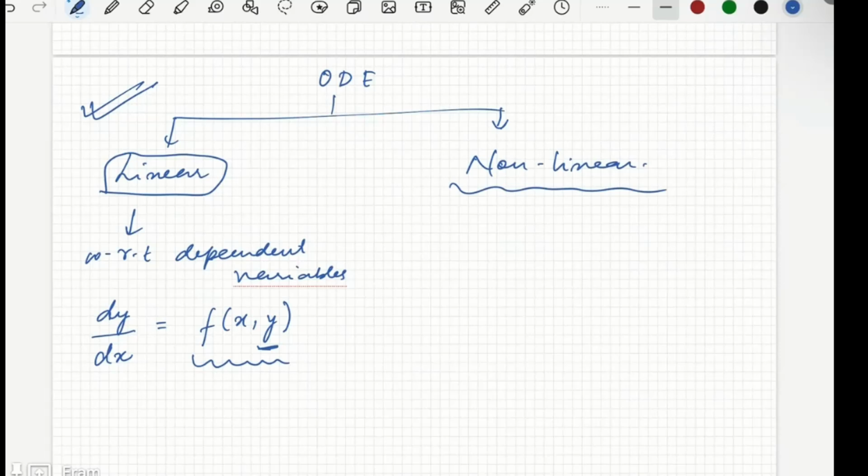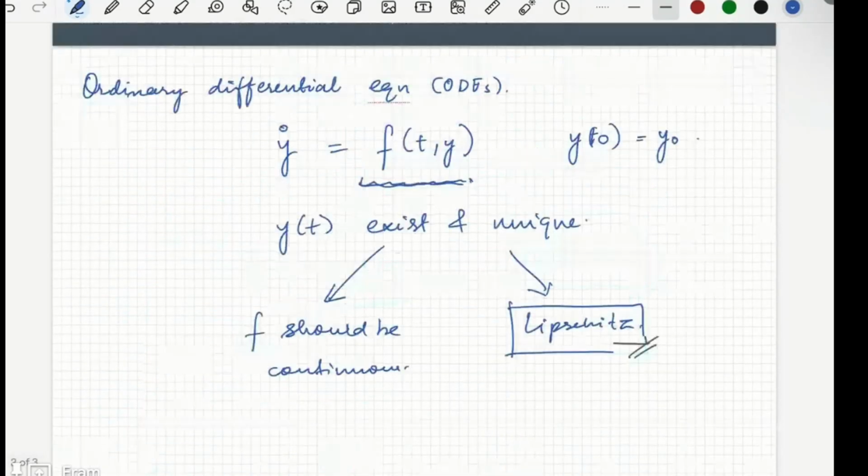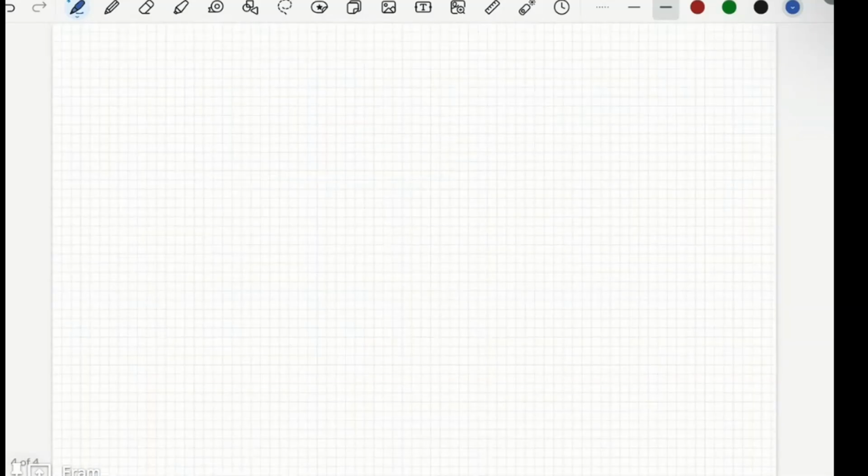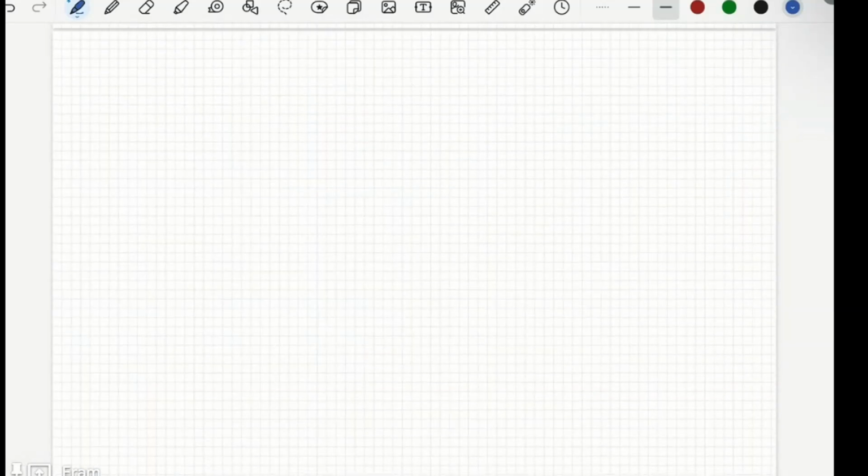Then we saw how to represent the solution of those first order equations and to identify whether it is an autonomous system or a non-autonomous system, whether it is a homogeneous equation or a non-homogeneous equation. So these were all the topics that have been covered in week 1 of the course. Okay, so now let's start with some problems based on these topics.